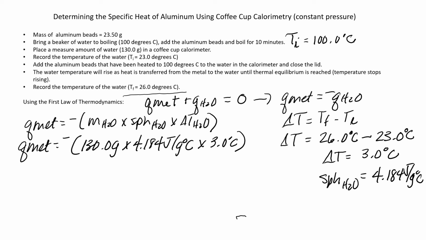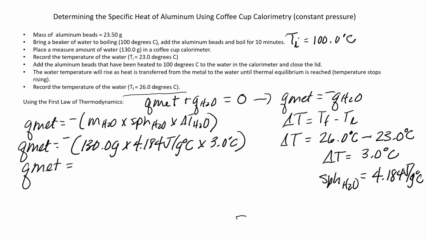If delta T of the water is positive, then we have an exothermic process. And we'll have a negative Q of the reaction. Geez. All right, let me move on here.